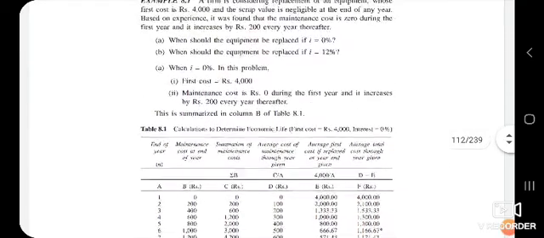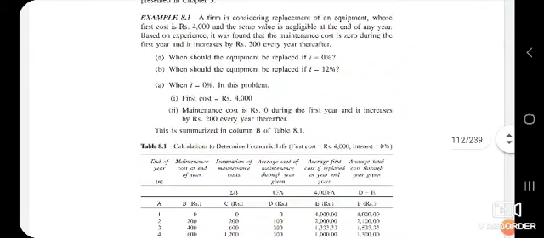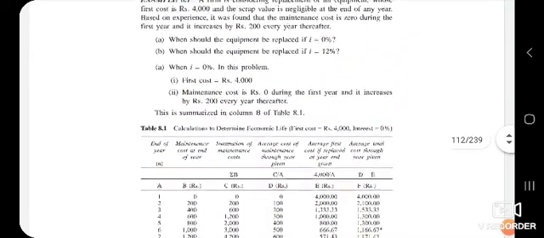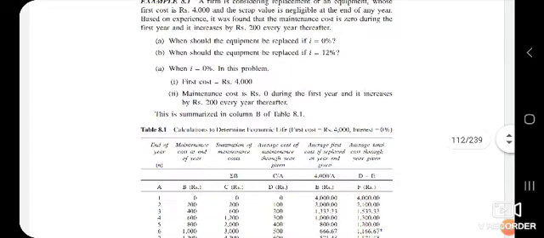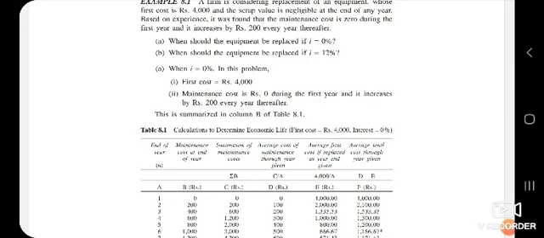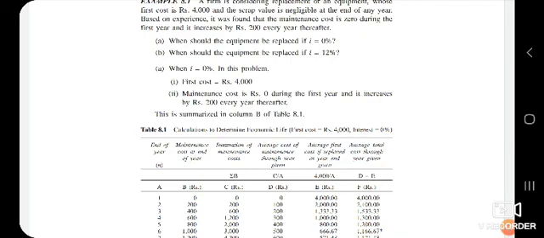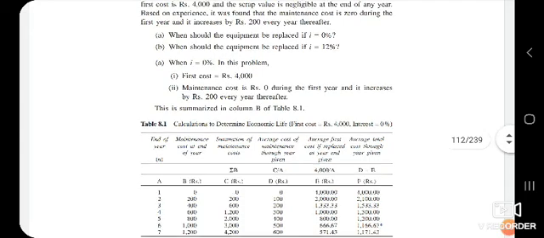For the first year, the maintenance cost at the end of the first year is zero, so the summation will be zero, right? And then the average cost of maintenance through the year given will also be zero, that is, summation of maintenance cost divided by the end of year, so that is also zero here.